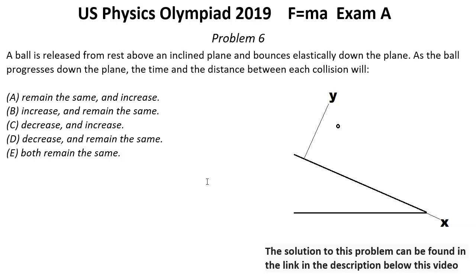However, gravity provides an acceleration in the x direction, so the distance will increase in the x direction. And this is answer A. Time remains the same and the distance increases. So that's answer A, and that's the solution for problem number 6.